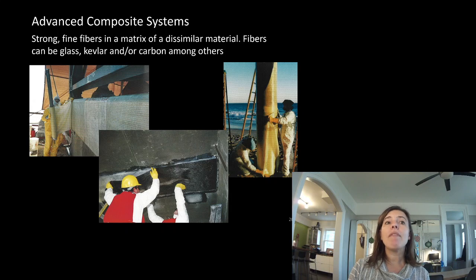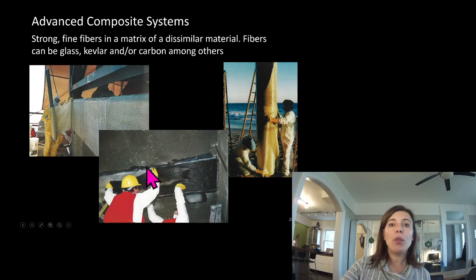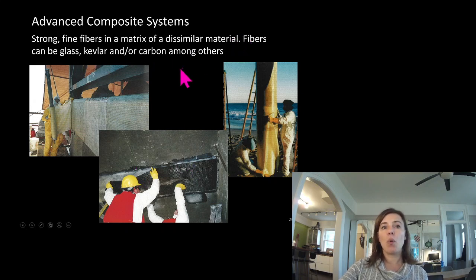And then you can have advanced composite systems. For concrete, for example, we will take fiber pieces and glue them onto things. Those fibers can be glass or Kevlar or carbon strips. You'd wonder, well, why wouldn't we just build the whole thing out of this?